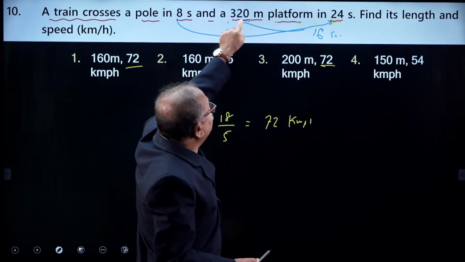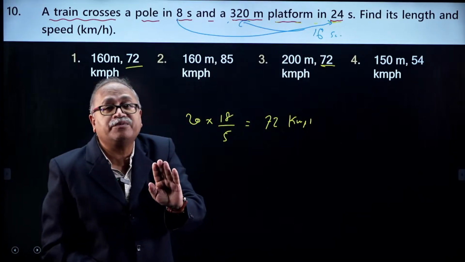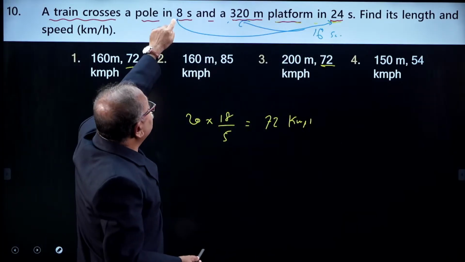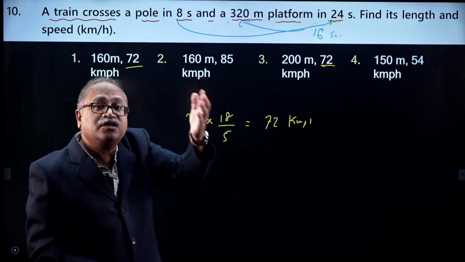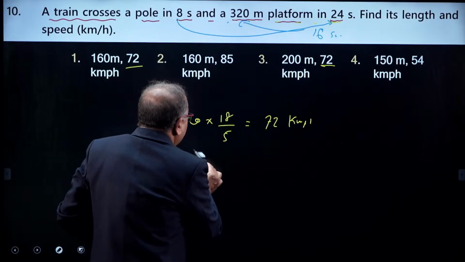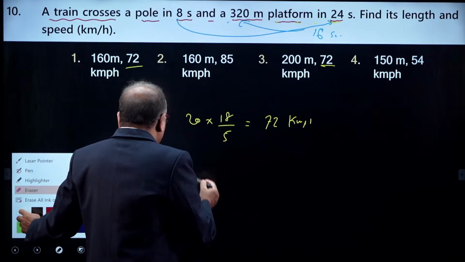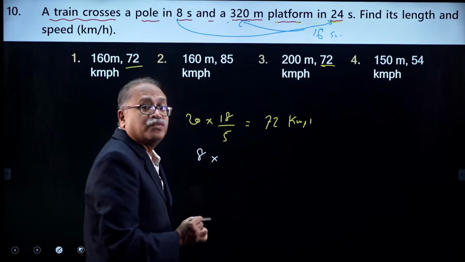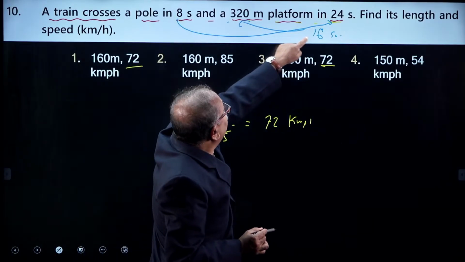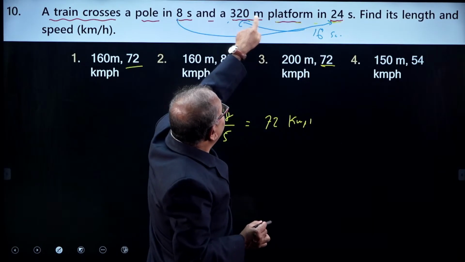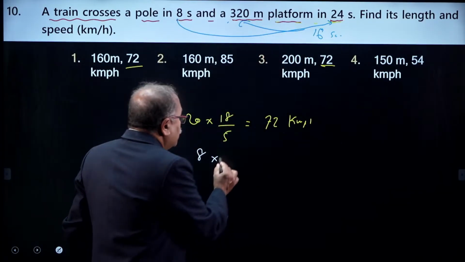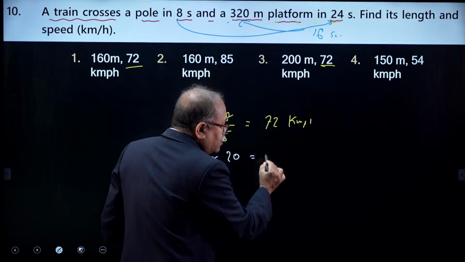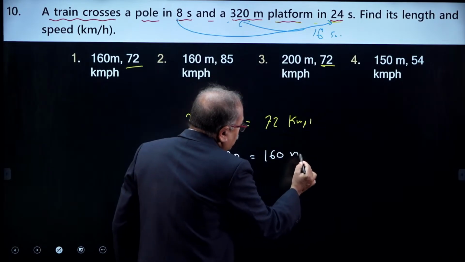Is it not? 320 divided by 16, 20 meter per second, and it crossed a pole in 8 seconds. So the length of the train is 8 into the speed, that is 320 divided by 16, which comes to 20. So 8 into 20, that comes to 160 meter.